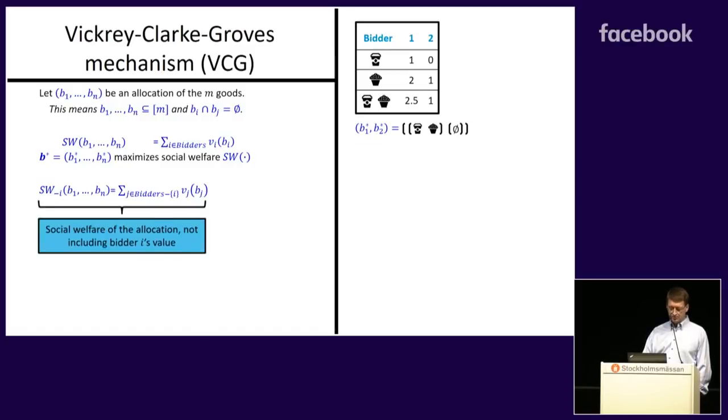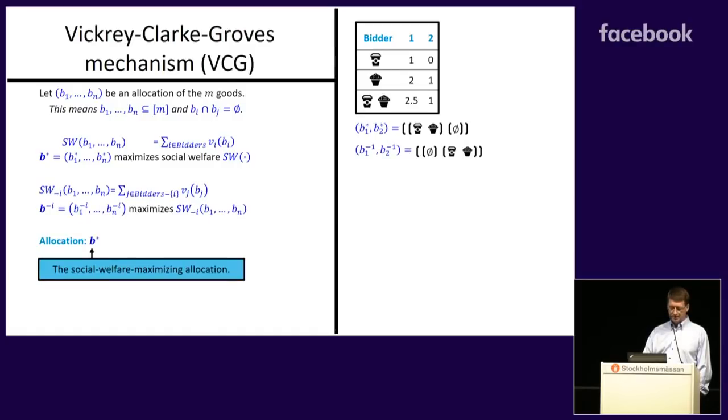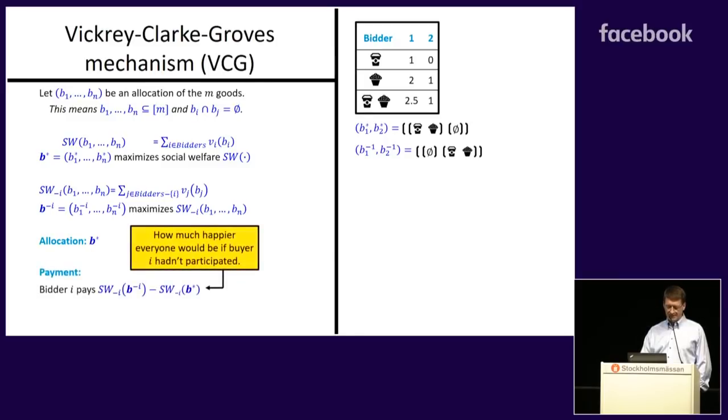And in the VCG mechanism, you choose the optimal allocation overall, but the bidder doesn't pay the bidder's own valuation for the goods that she got. Rather, the bidder pays the social welfare of the others had she stayed at home, minus the social welfare of the others.